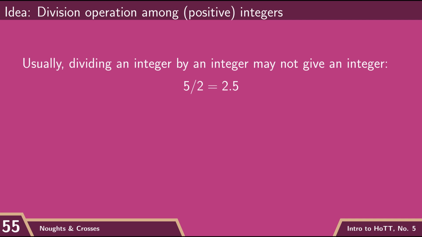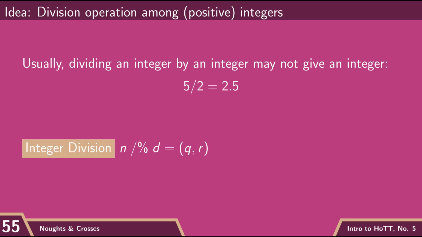But in computer science, we often care about integer division, which doesn't just result in one number, but two, the quotient and the remainder. For example, 5 divided by 2 is equal to 2 with remainder 1. Or 15 divided by 4 would be 3 with remainder 3.